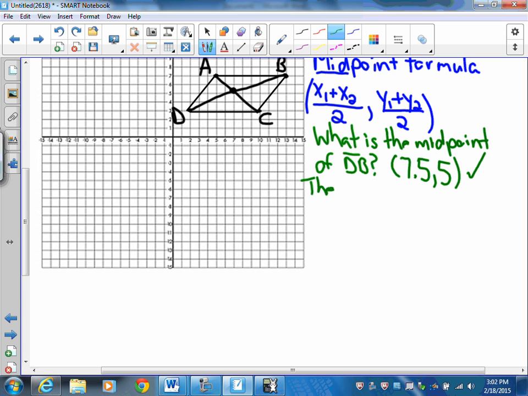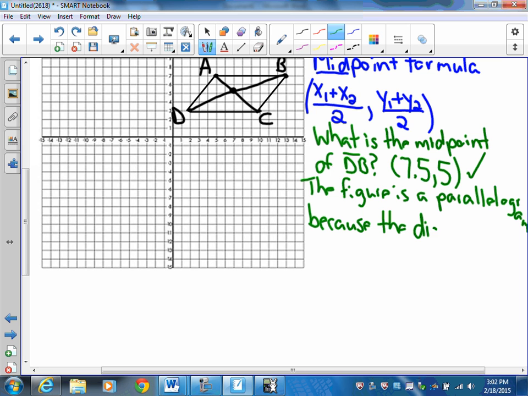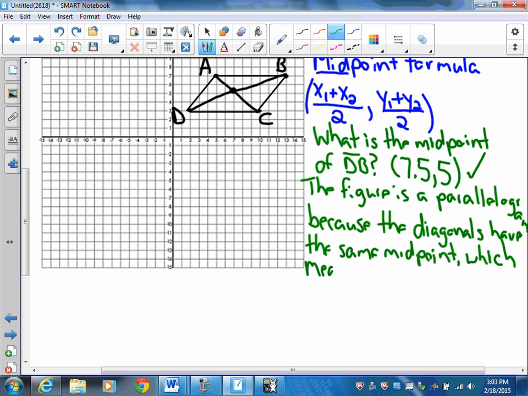So the figure is a parallelogram because the diagonals have the same midpoint, which means they bisect each other.